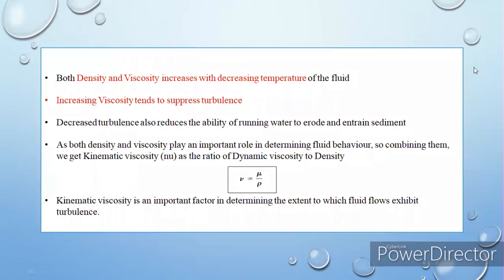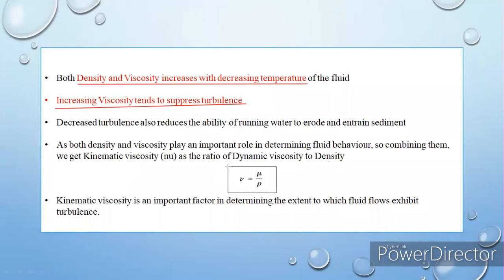Now, both density and viscosity increase with decreasing temperature of the fluid. Increasing viscosity tends to suppress turbulence, and decreased turbulence also reduces the ability of running water to erode and transport sediment.